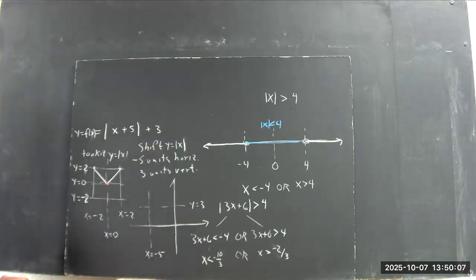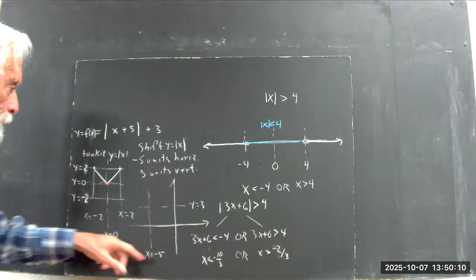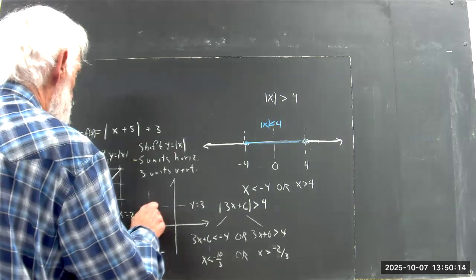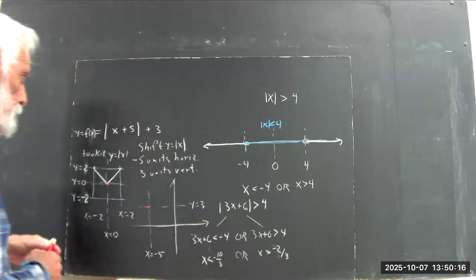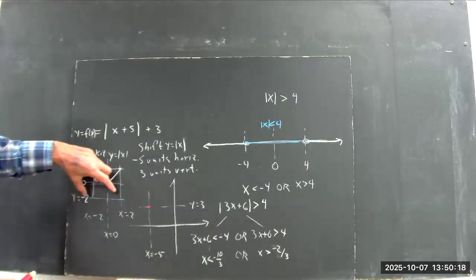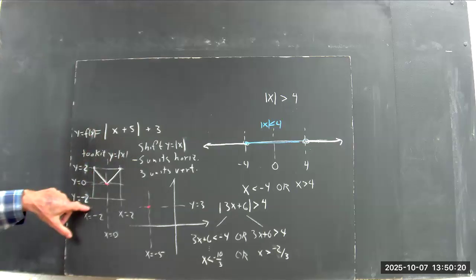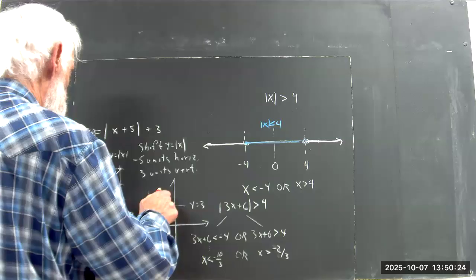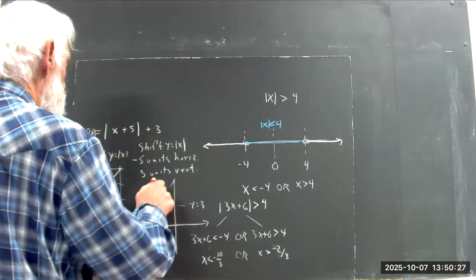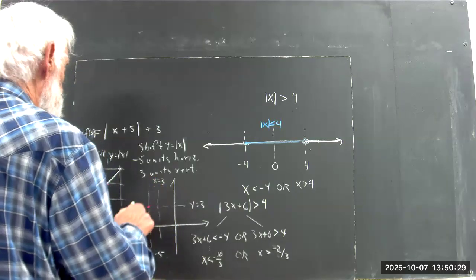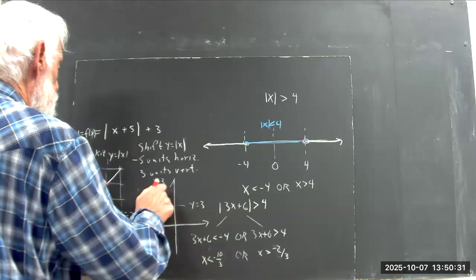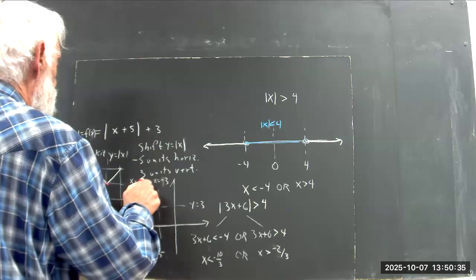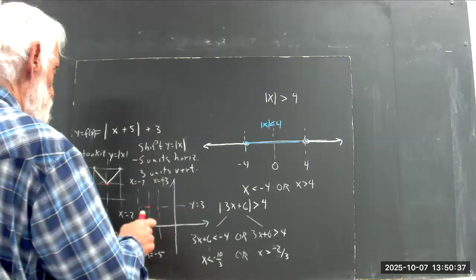And then we make this picture. So the red dot is here. The window is 4 by 4, so you go 2 units to the left and 2 units to the right of the red dot. You get x equals negative 3 here, and x equals negative 7 here.